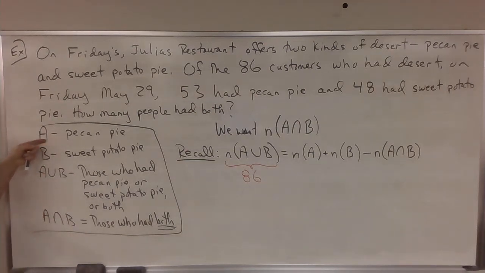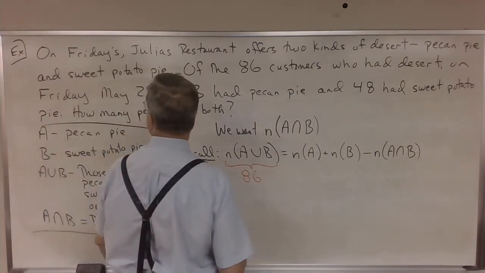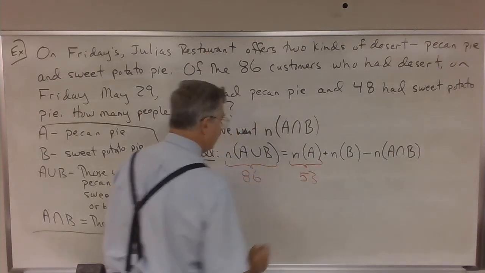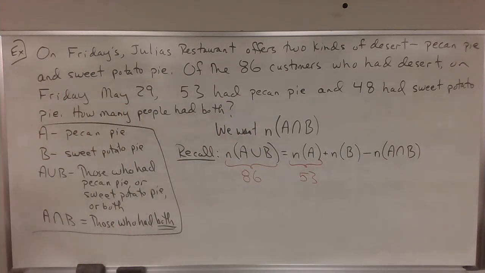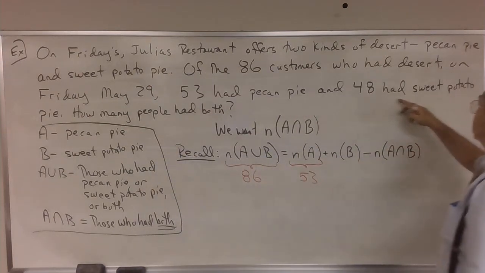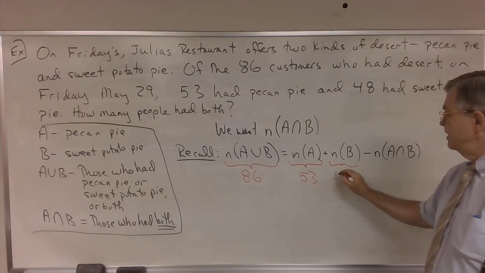And A, those are the people who had pecan pie, so that's 53. And B, that's sweet potato pie. 48 had sweet potato pie. That's the number of people in set B.